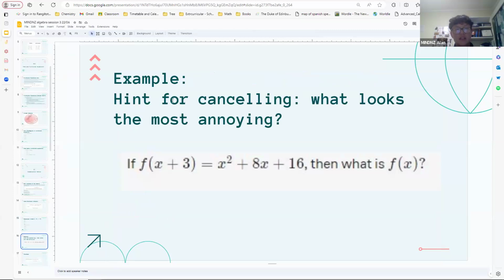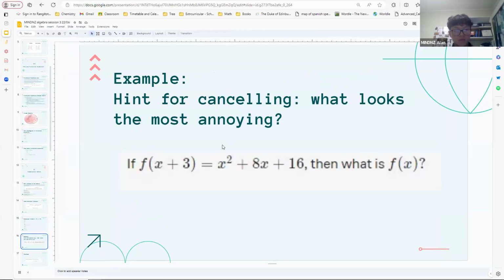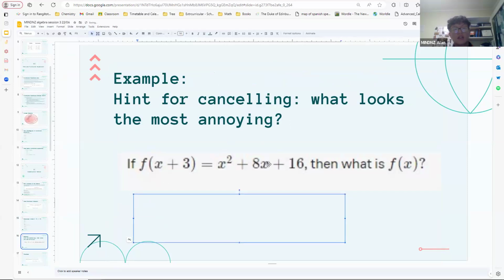So in this question, we just want to look at what's the most annoying to deal with. So what would be the most annoying to deal with? Can someone tell me in chat? Because what is the end goal? The end goal is to find f of x, right? So in finding f of x, what would be the most annoying in this expression?